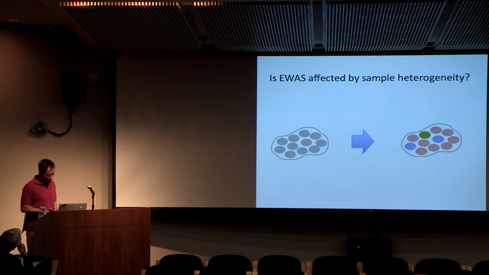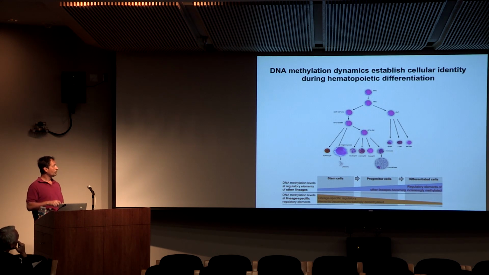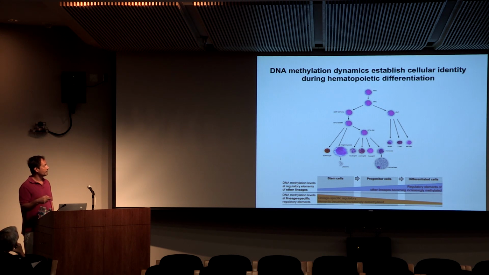And so to try to address that question, we tried to build a system for identifying what type of cells are actually present within these biopsies. We started off looking at the hematopoietic cells because we had good reference data for those, and because their methylation differences have been well characterized.